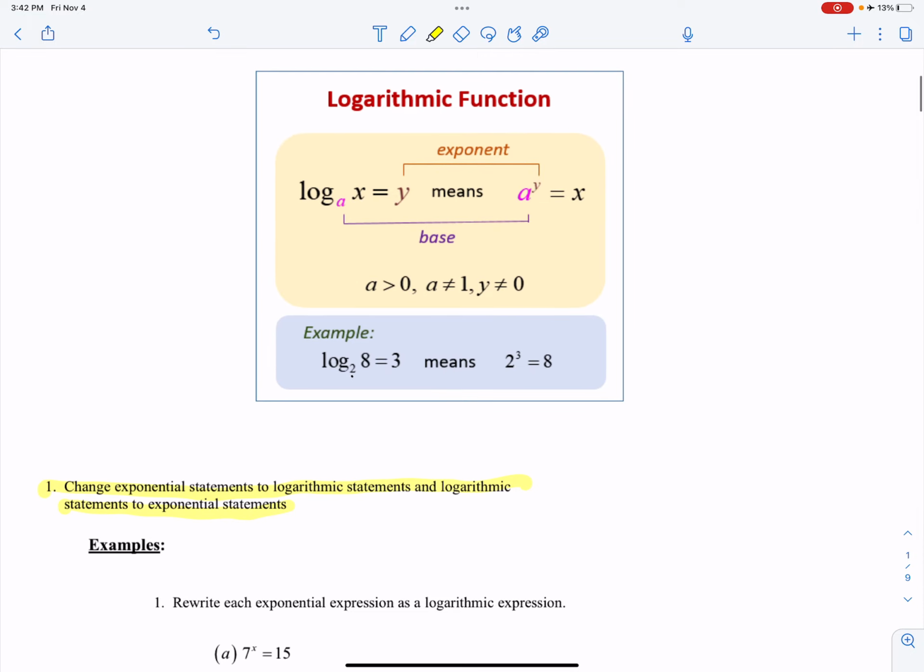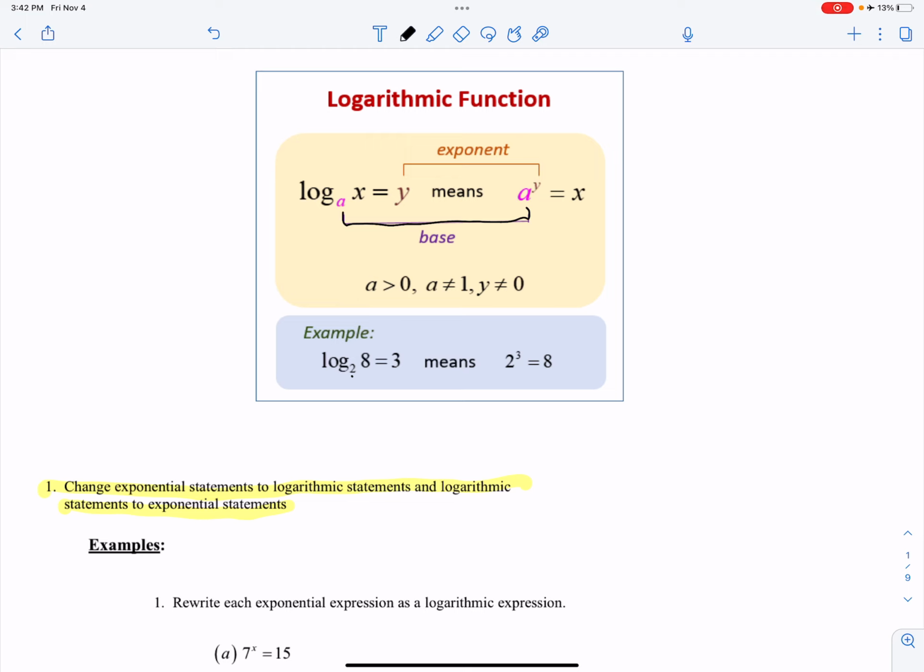To begin, let's take a look at what a logarithmic function is. When we look at the relationship between logarithms and exponents, we can see that they are inverses, actually. If we take the base from our exponential and put it into our logarithmic form, it continues to be the base.